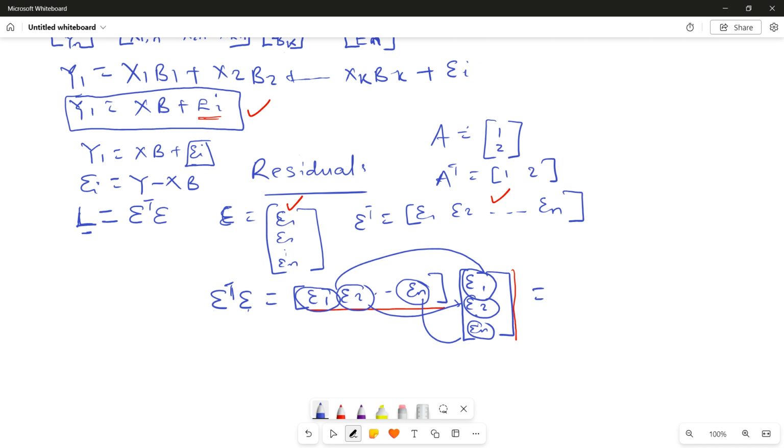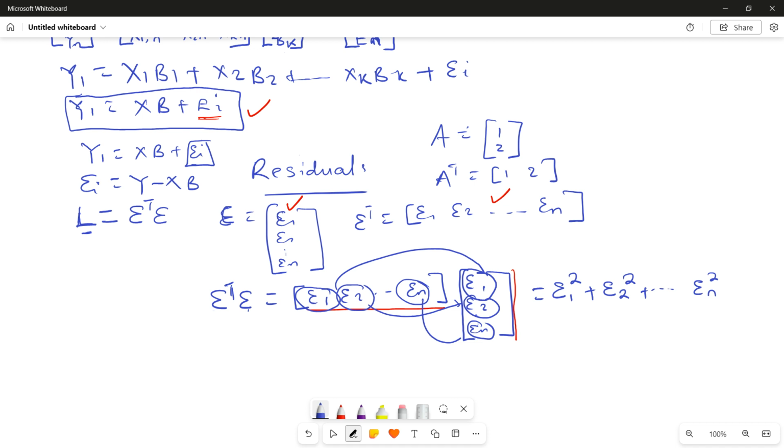So it will be like error term 1 times e1 there. This will give us e1 squared plus error term 2 times error term 2. This will give us error term 2 squared. This will keep going until the last en squared. What does this mean?